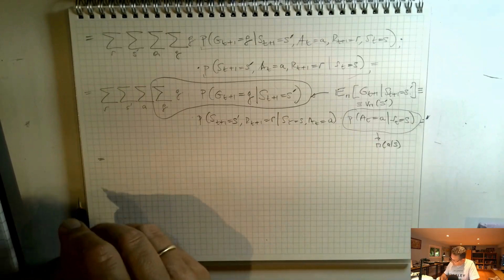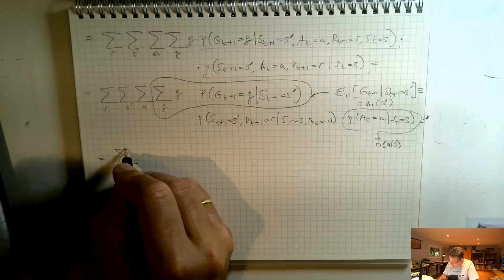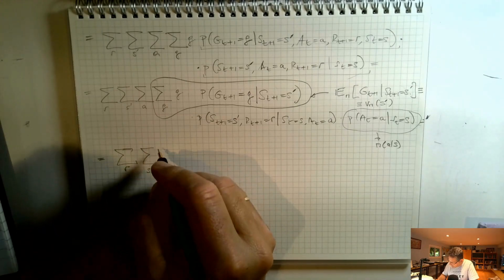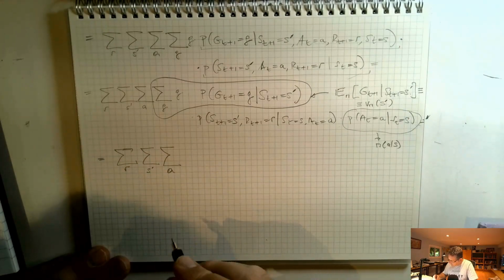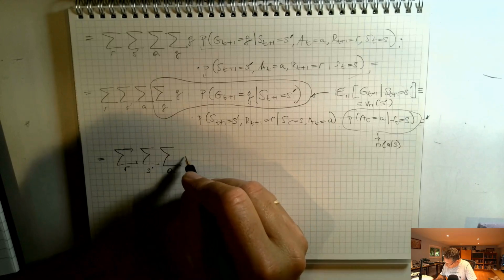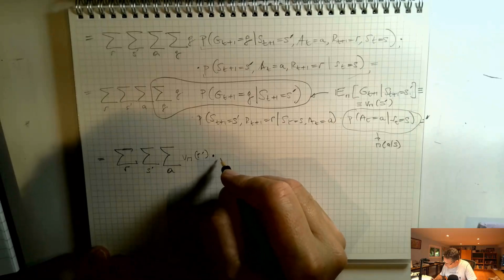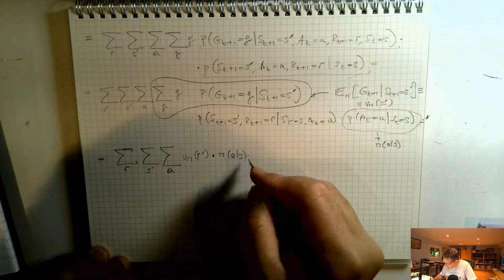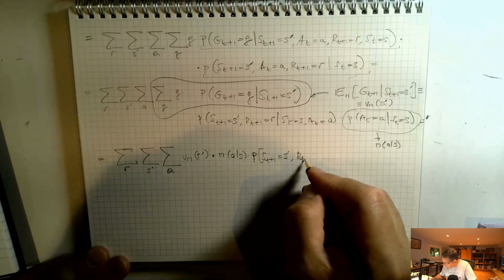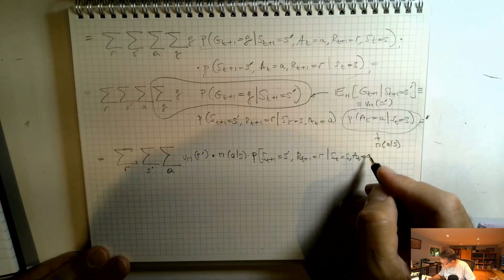So we can write this final expression as the sum over r, s prime, a of v pi of s prime times pi of a given s times p of S_{t+1} equals s prime, R_{t+1} equals r, given S_t equals s and A_t equals a.